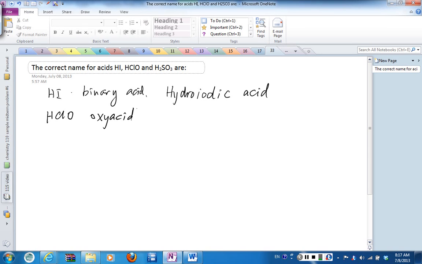With the oxygen present, this is apparently an oxyacid. And for oxyacids, the naming is more complicated because one non-metal element could make multiple oxyacids. We look at the non-metal element, chlorine. This is in group 7, and elements in group 7 could make up to 4 different oxyacids.